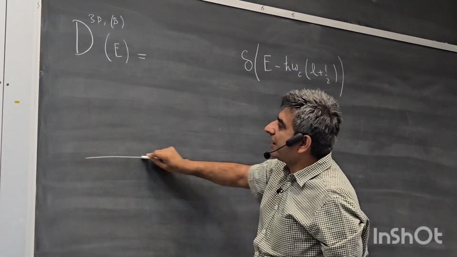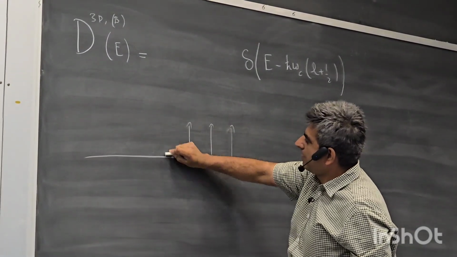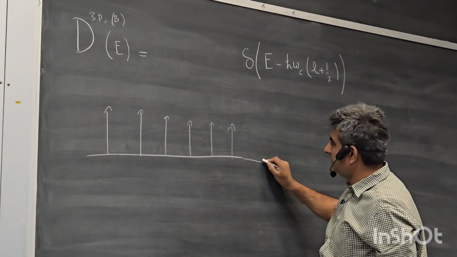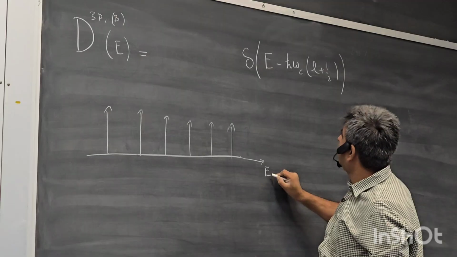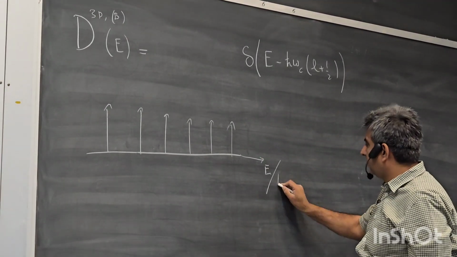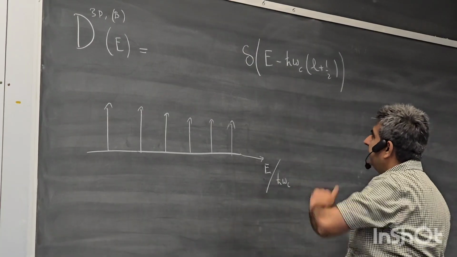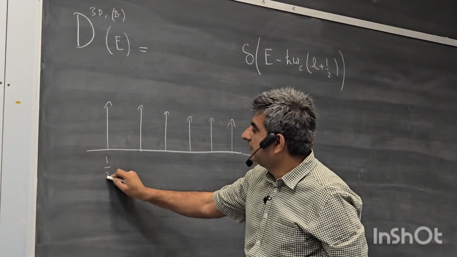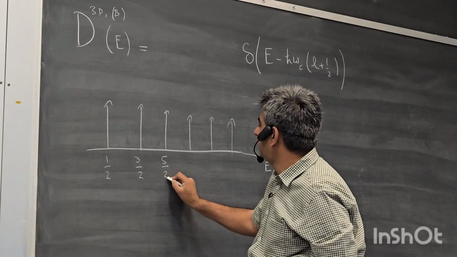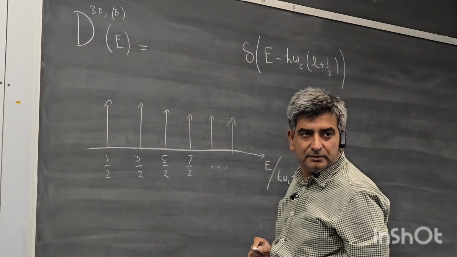So it's a train of Dirac delta functions. This is energy. So if I plot the energy in units of h bar omega c, this is 1/2, this is 3/2, 5/2, 7/2, and so on. Correct?